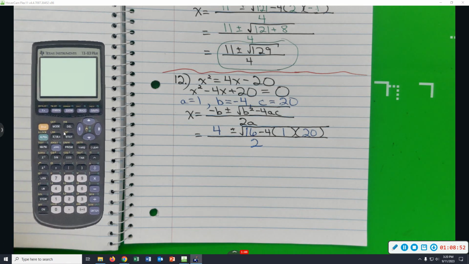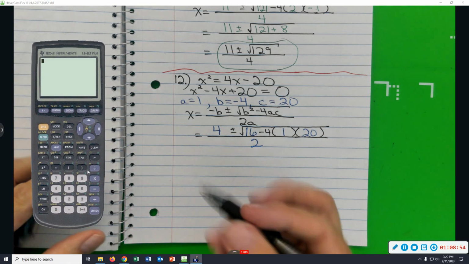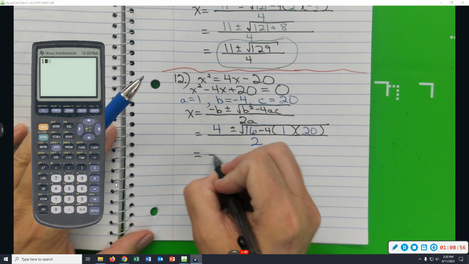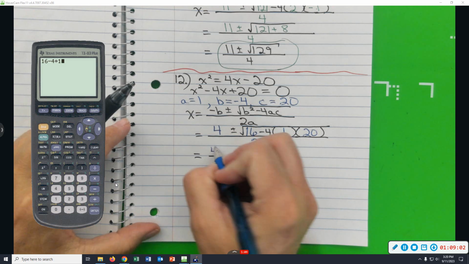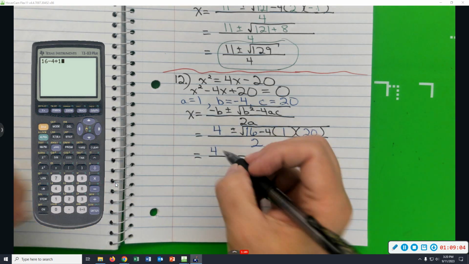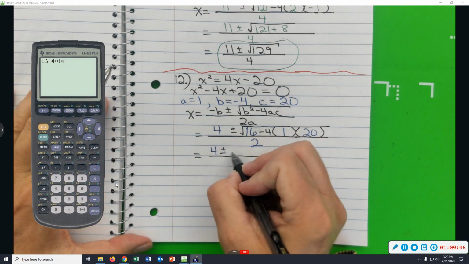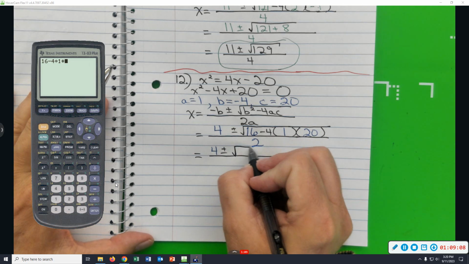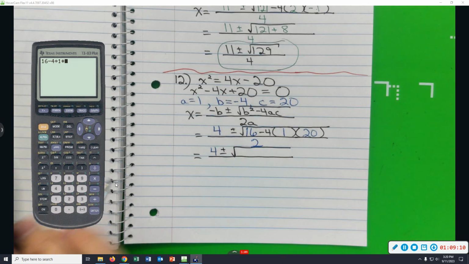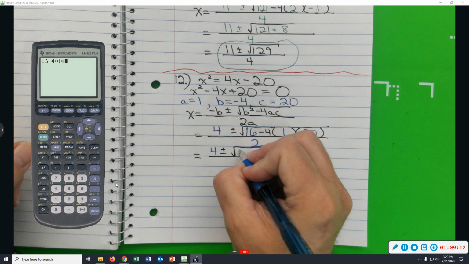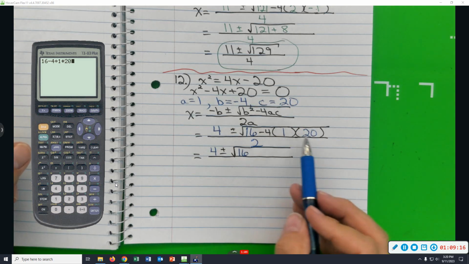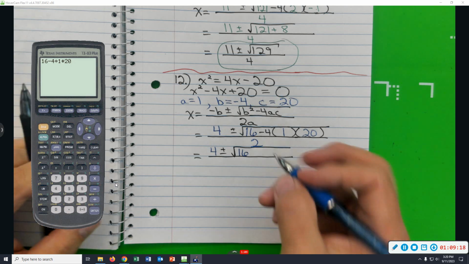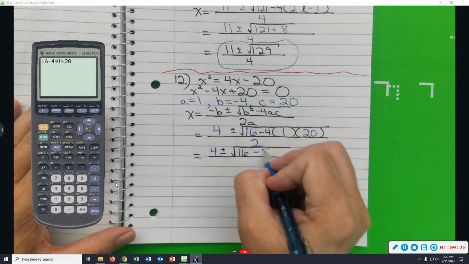You do it by hand, and I'll do the little calculator method. The 16 minus 4. Okay, so don't be saying it aloud because I'm writing. Okay, 4 plus minus the square root of. We have a 16. Oh, I like this problem. -4 times 1 times 20, that's a -80, isn't it?